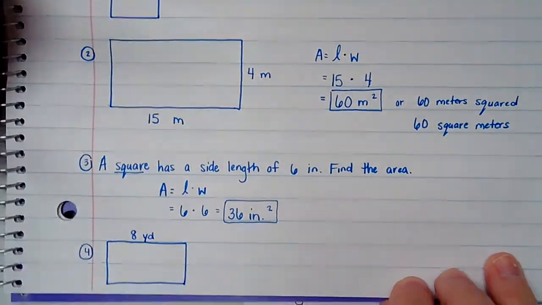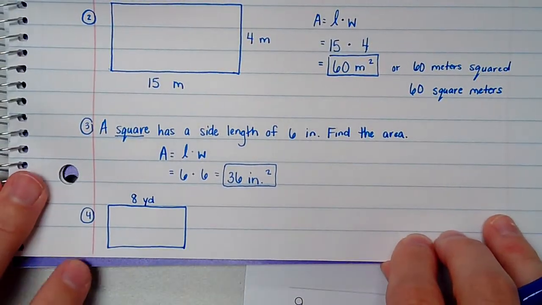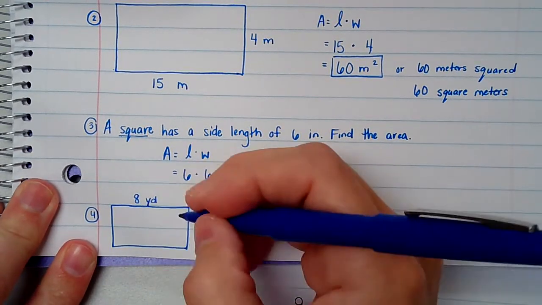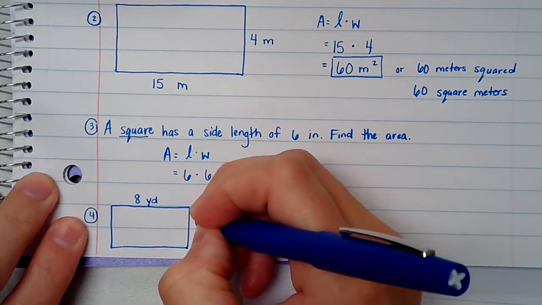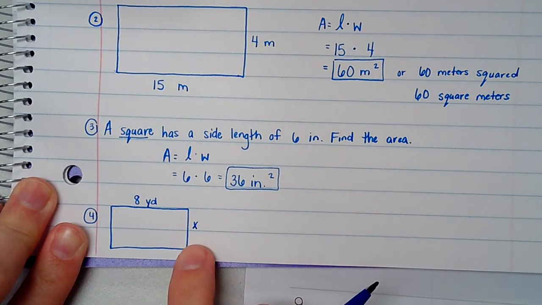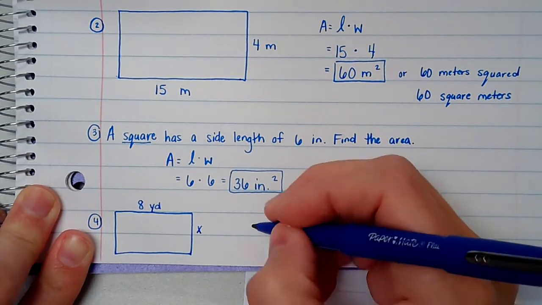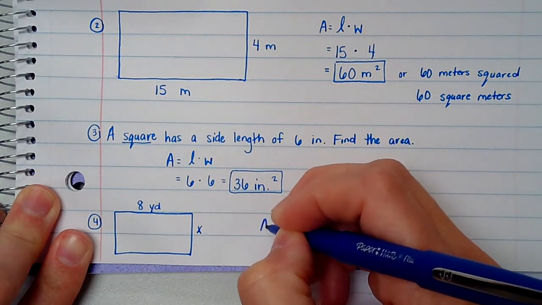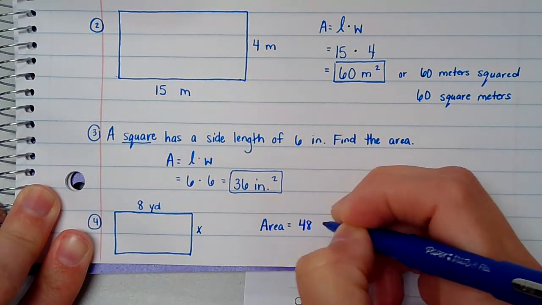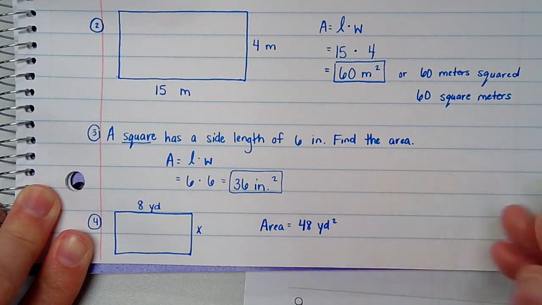All right, and in math, when you don't know something, they put a letter there. Usually it's an X, so I'm going to put an X right here. Okay, I don't know what that side is. They haven't given me a number for that side, but they did give me some more information. They did tell me, hey, your area needs to equal 48 yards squared.